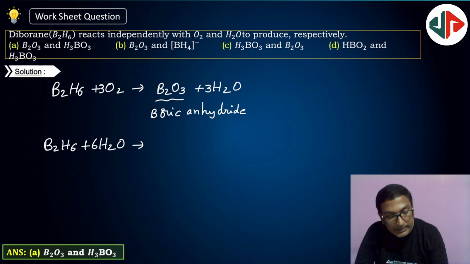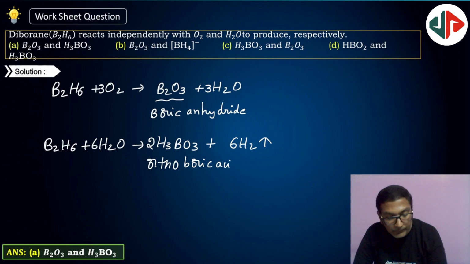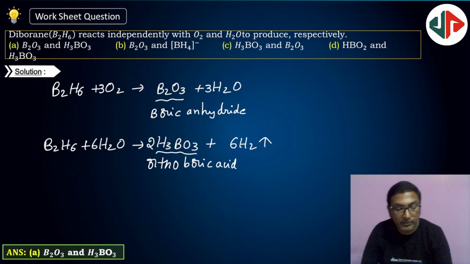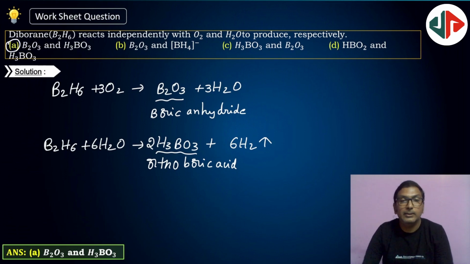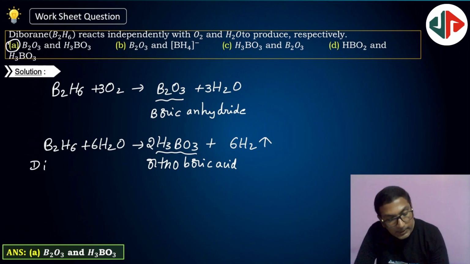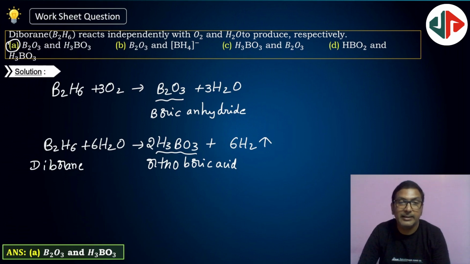So balance this, 6H2O gives 2H3BO3 plus 6H2. H3BO3, orthoboric acid. These two compounds will be formed, B2O3 and H3BO3. Option A. Chemical properties of diborane. This is diborane. So with oxygen it can form oxide. With water it can form acid.